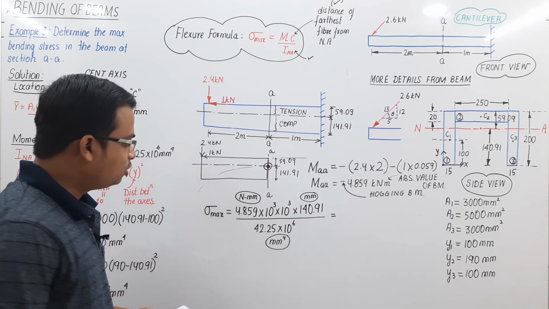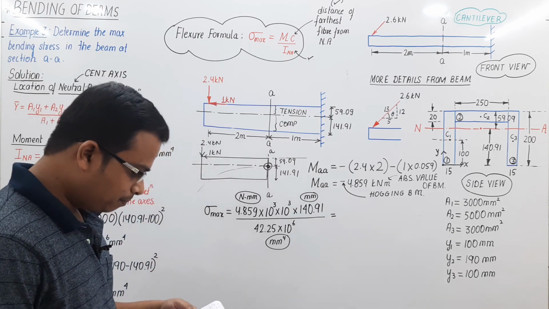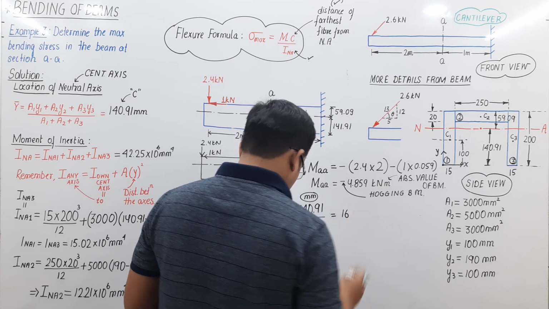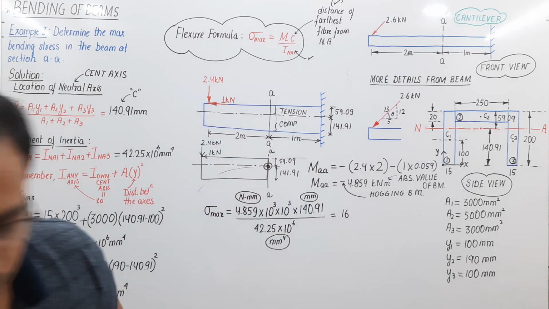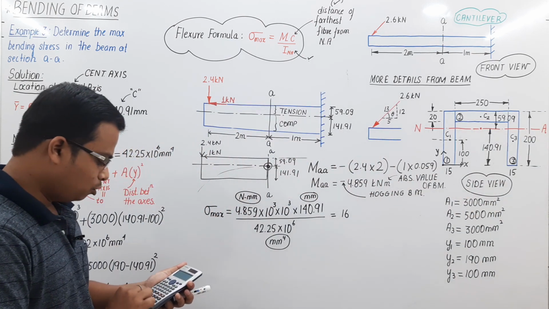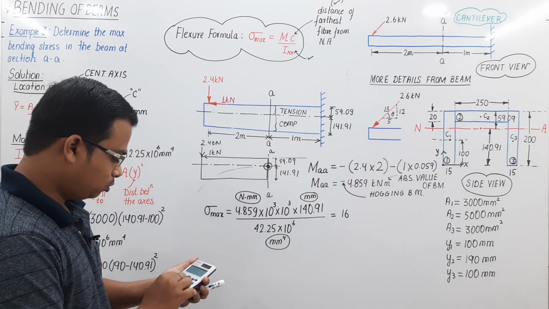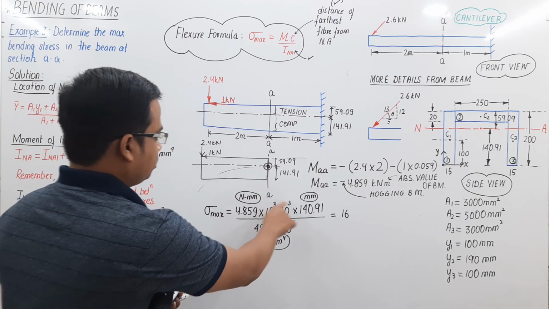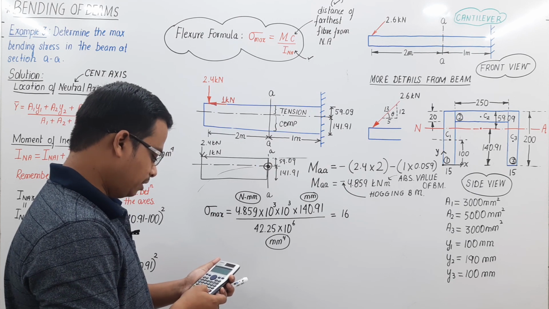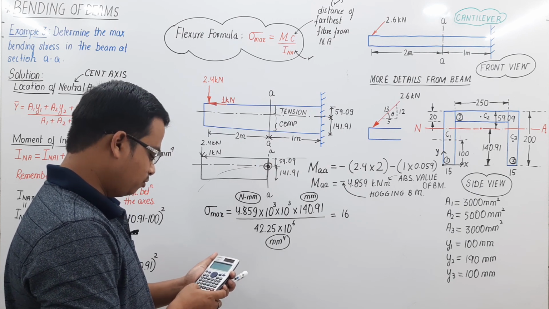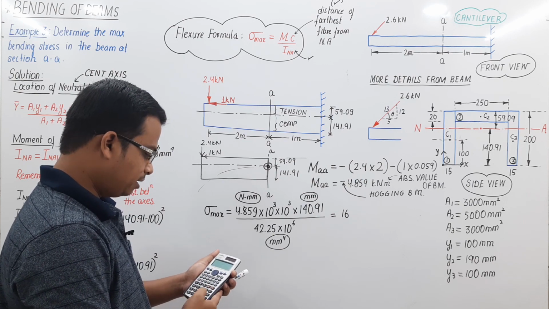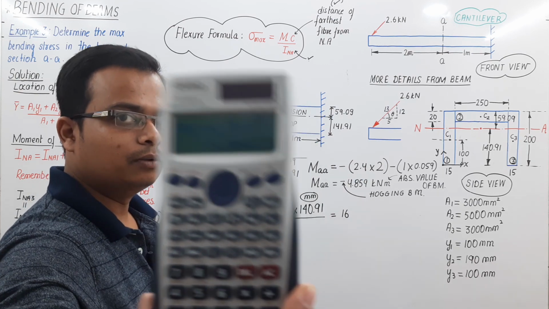Once you plug it in, let me just try to do this in a calculator. 4.859 into 10 raised to 6 into 140.91, divided by 42.25 into 10 raised to 6 and close the bracket. This is what you get, 16.2.